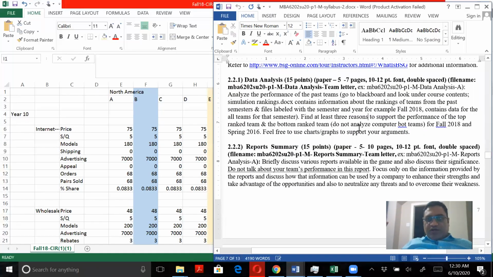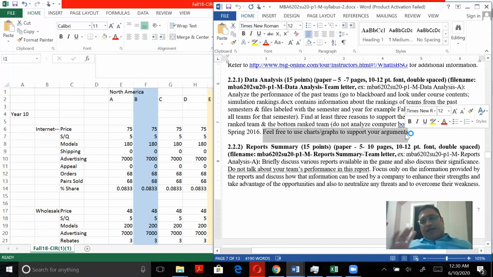As I mentioned over here, you are looking at the top and bottom teams, and this is a 5 to 7 page assignment, which means feel free to include charts and graphs. And also do not write essays. In this day and age of TikTok and YouTube, especially TikTok, people's attention span is very, very low.